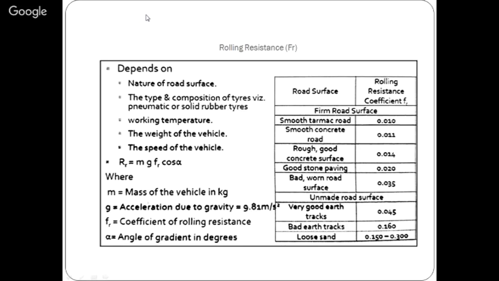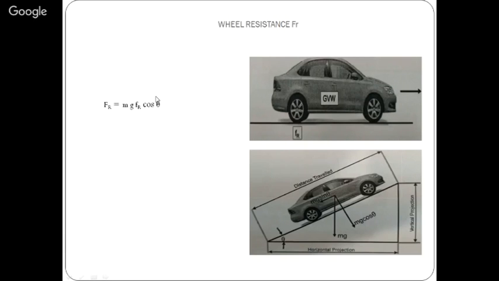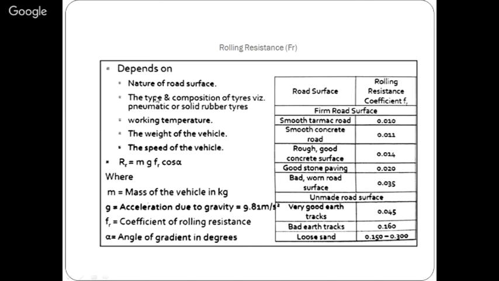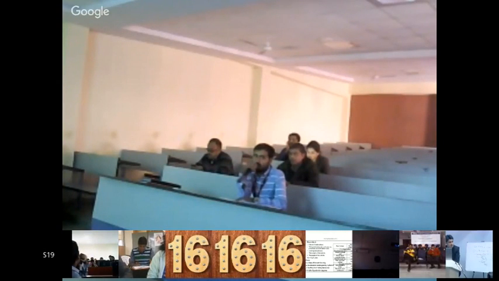Now for the nature of the road, for example, we have different kinds of roads, such as a smooth tarmac track.